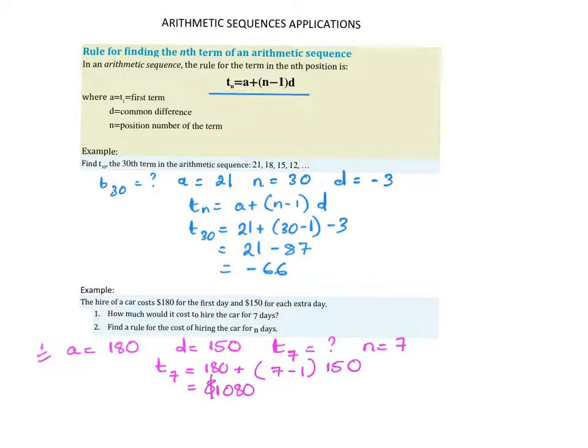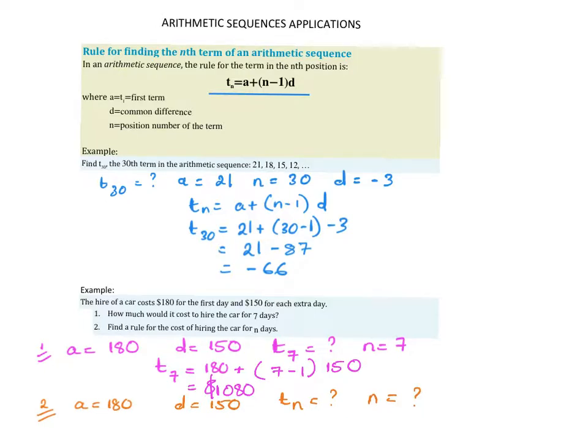In part 2, the question is slightly different because it wants us to find a rule. And this time we don't know how many days we've got. So we've still got a equal to 180 and d equal to 150. Now we want Tn, which means we don't know what n is equal to. And realistically, all we're going to do is put it back into the rule again.